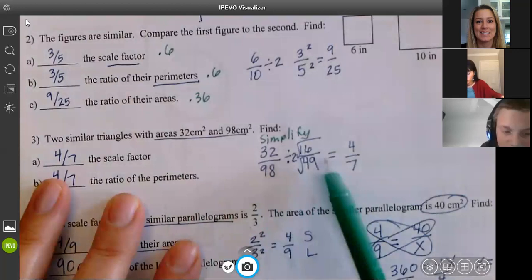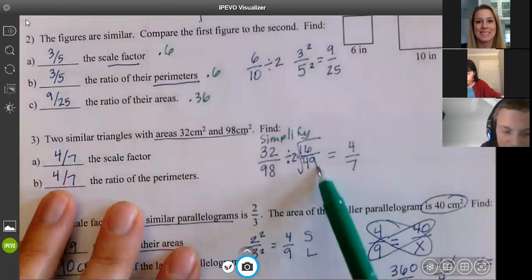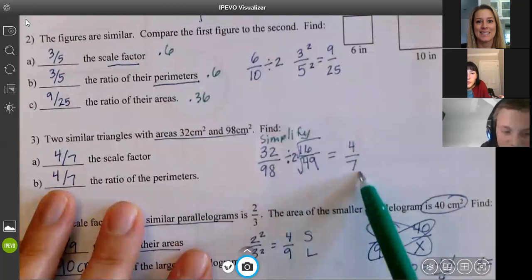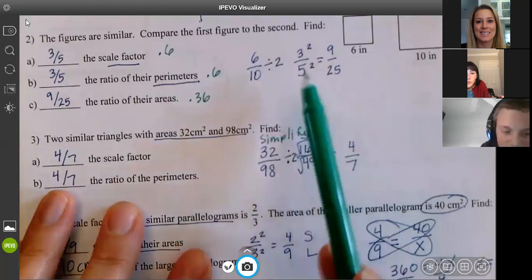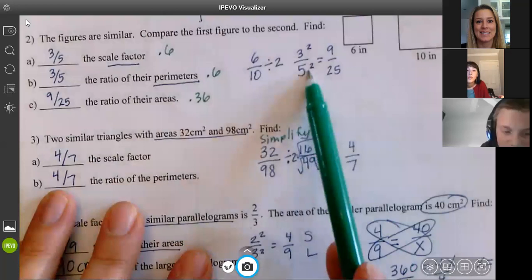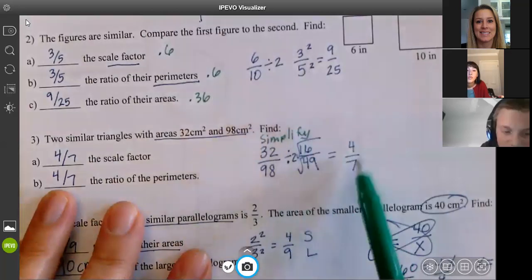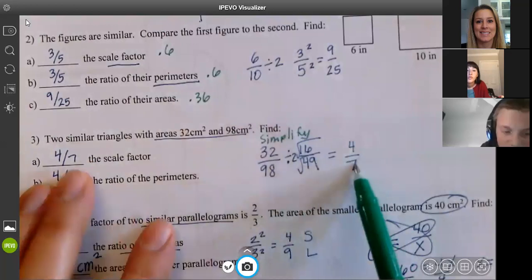Then you take the square root of the top and the bottom: the square root of 16 and the square root of 49 gives you 4/7. We're going backwards. Before, we squared it to go from perimeter to area. Now we take the square root of both to get the perimeter ratio and the scale factor, and both of those are the same answer.